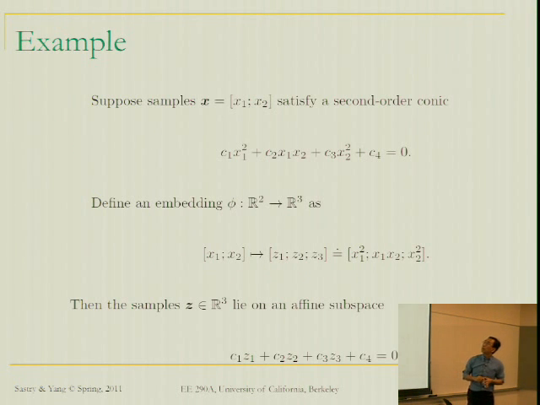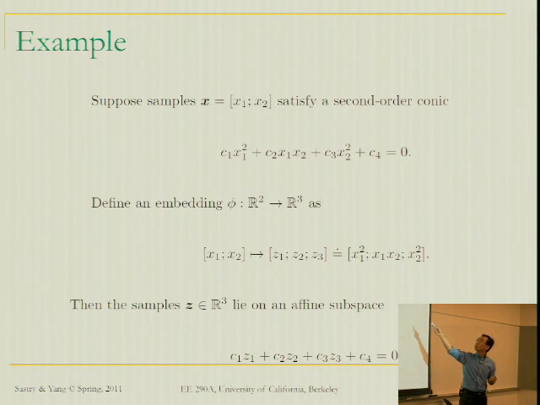So let me give you an example. Suppose in a two-dimensional space, all the samples satisfy a second-order conic constraint. That is this equation: c1 x1 squared plus c2 x1 x2 plus c3 x2 squared plus c4 equal to 0. This, of course, doesn't define a linear subspace, right? In R2, a linear subspace can be either the origin, a line, or the total space.